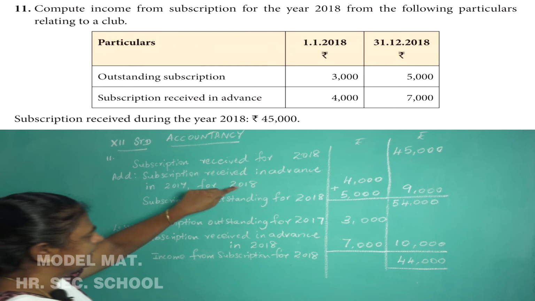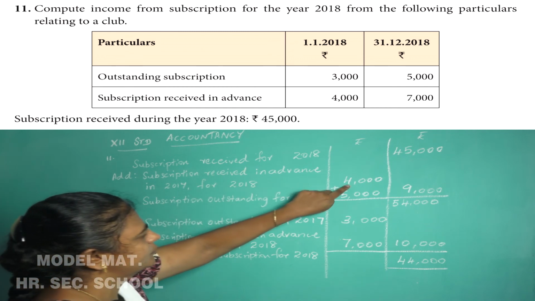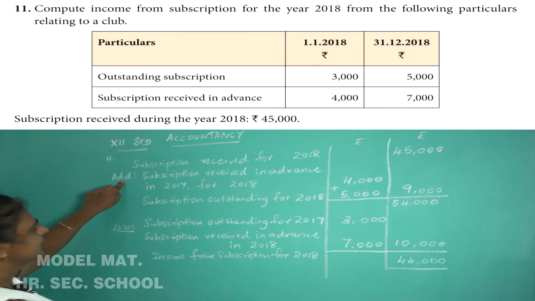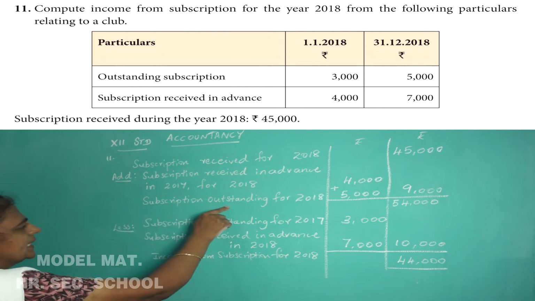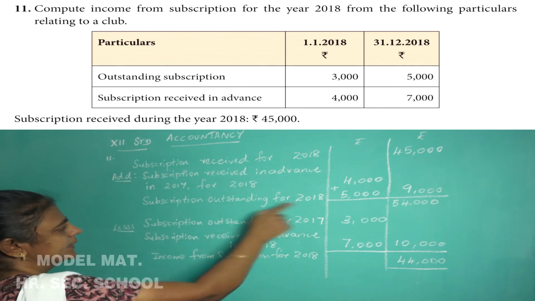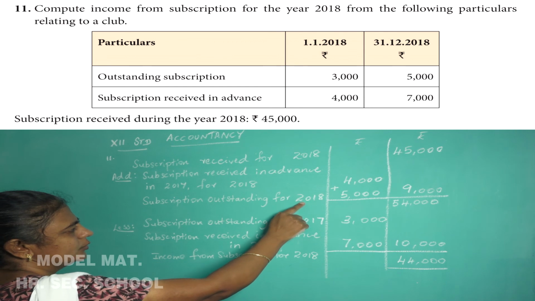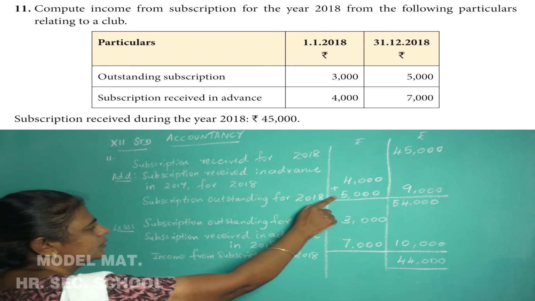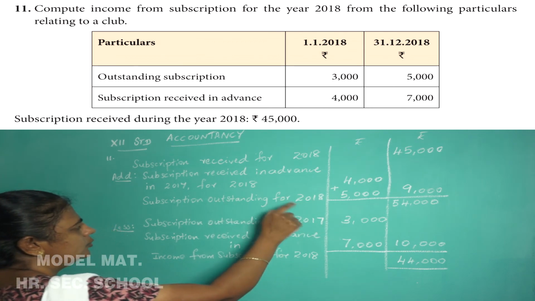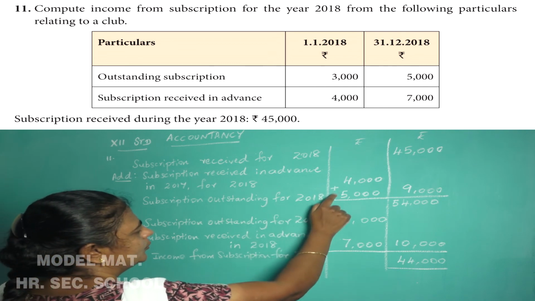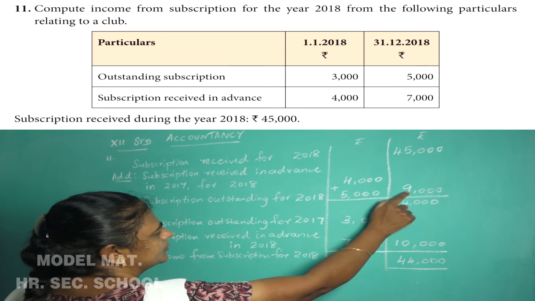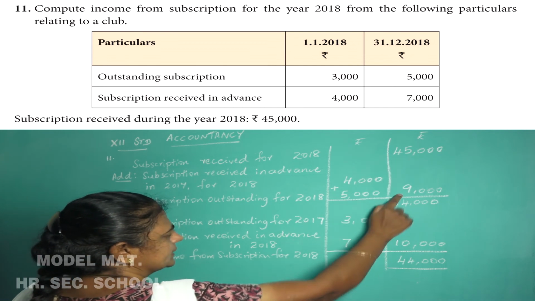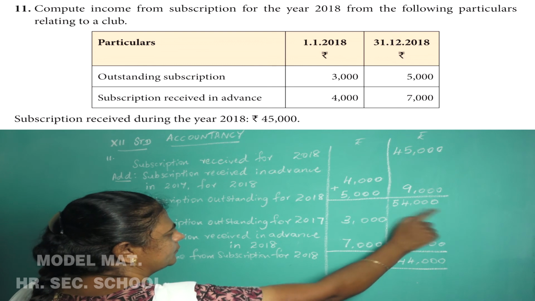So since it is an income for this year, this 4,000 I have to add. Is it clear? Next, subscription outstanding for 2018, current year. This 5,000 is the amount which is outstanding for the current year. So both these items are related to the current year. So both we have to take, you have to add this 45 plus 9, you will get 54,000.